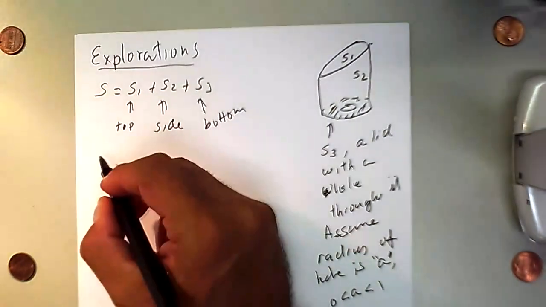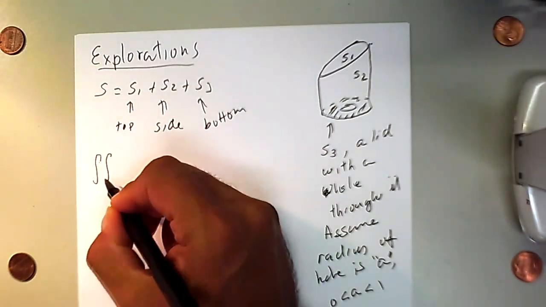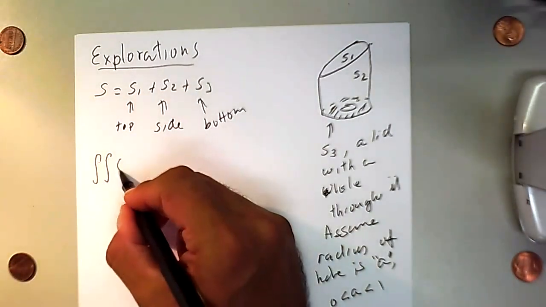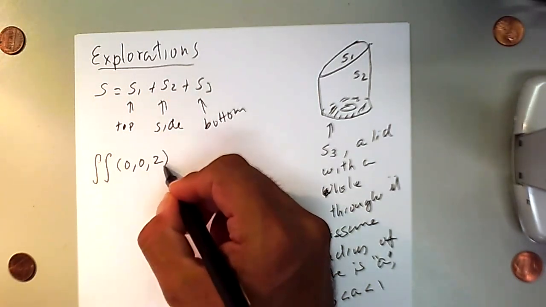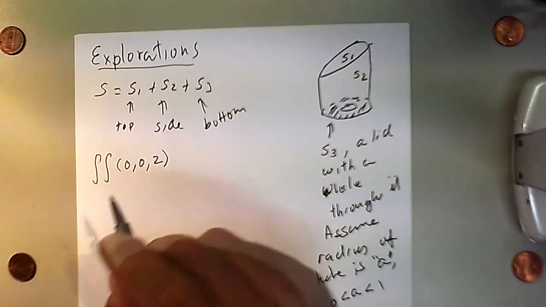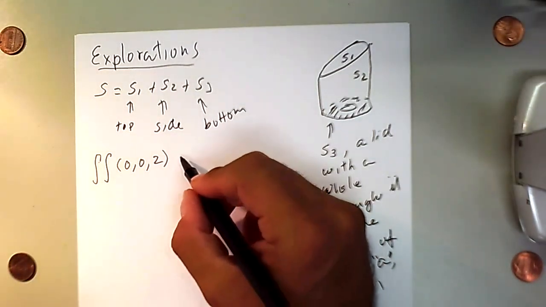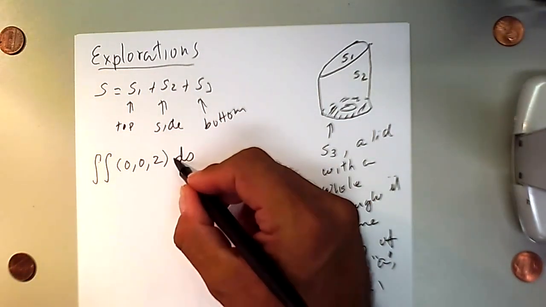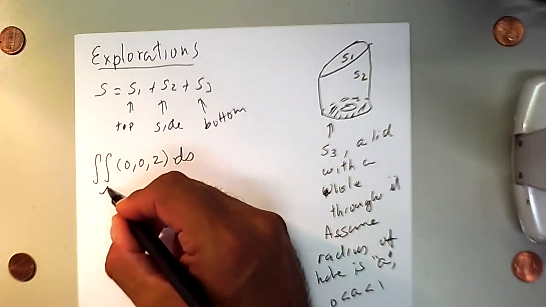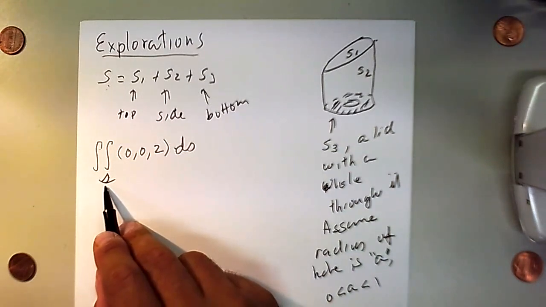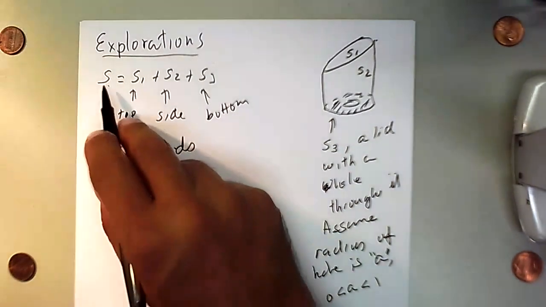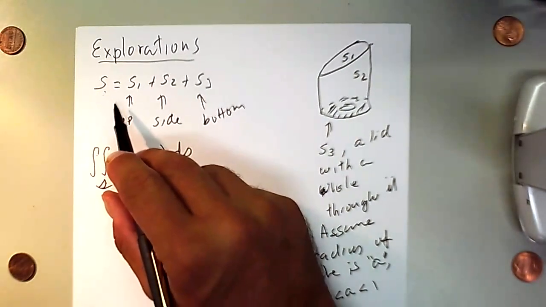So the question is, what is the double integral of 0, 0, 2 with respect to the surface over that big surface, this S? Oftentimes I use this script S instead of that because I don't want to confuse them with fives.